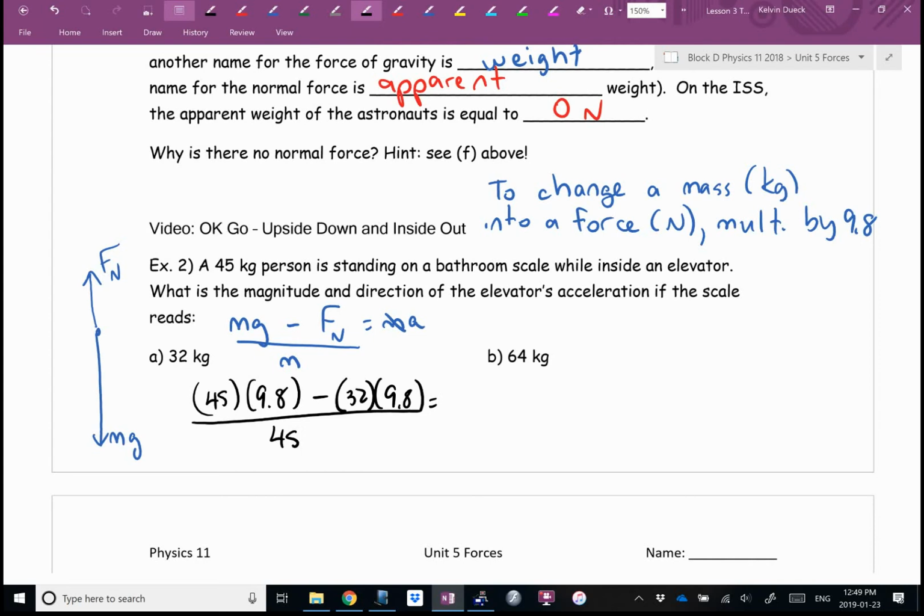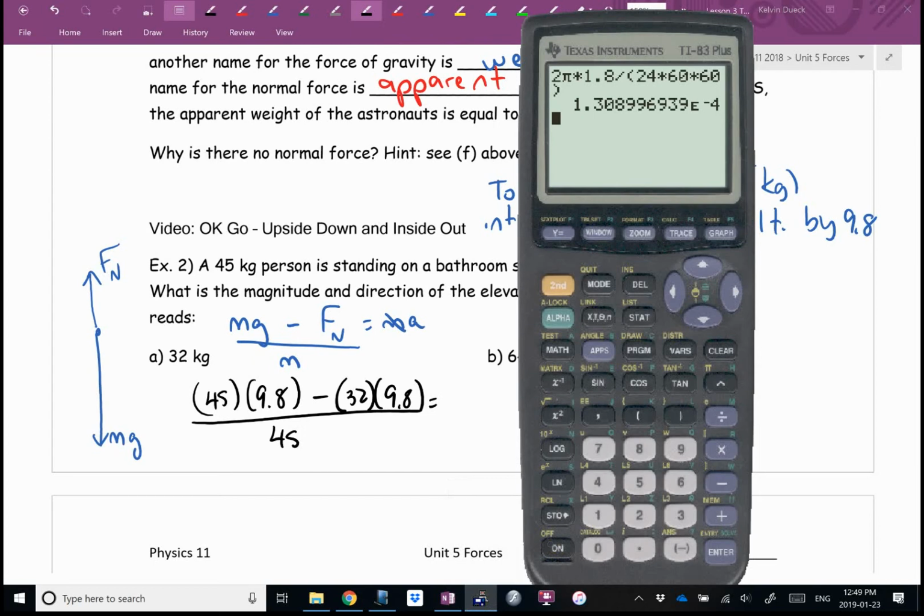What do you get? Is this a fraction, Courtney? More than one thing on the top? Brackets around the top. Do I need brackets around the bottom? No. 45 times 9.8 minus 32 times 9.8 divided by 45. 2.831, 2.83. I'll go to 3 sig figs.